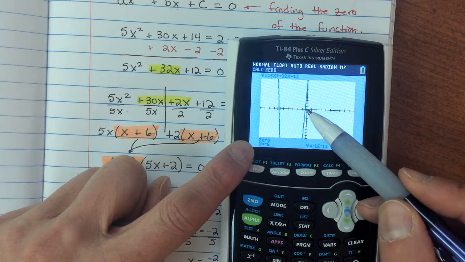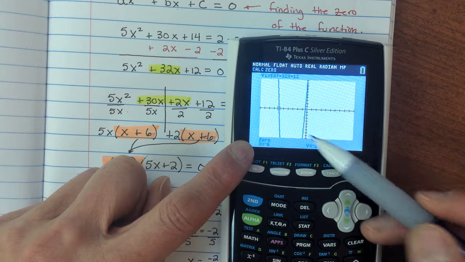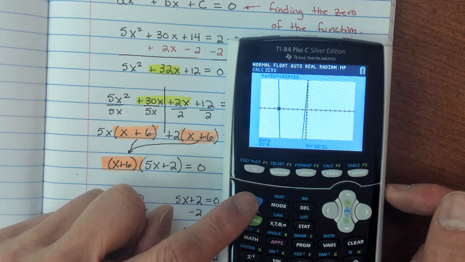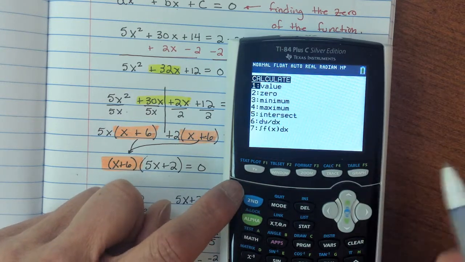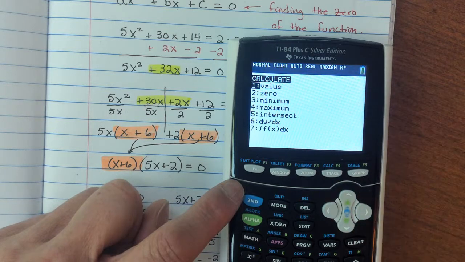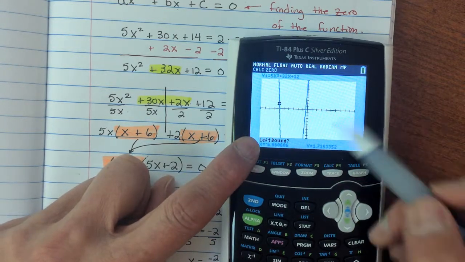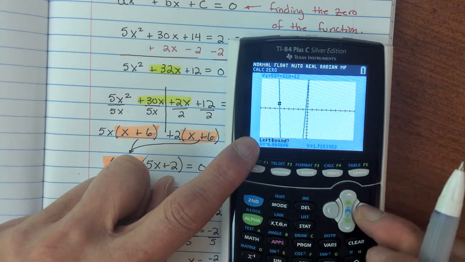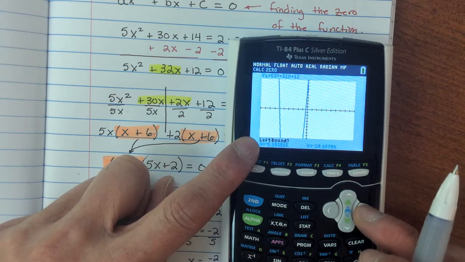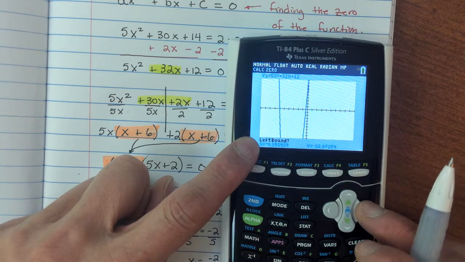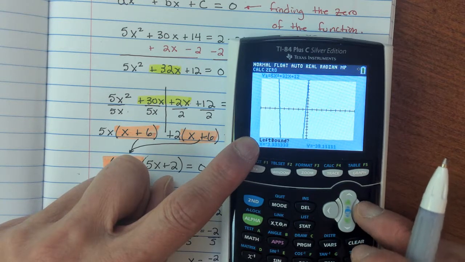So let's find this 0 over here. So I'm going to do the same thing. Second trace, I'm going to go to my 0, which is number 2. It's asking me for left bound. So the point that I want is here. I'm going to move my cursor closer. Eventually it's going to come up.